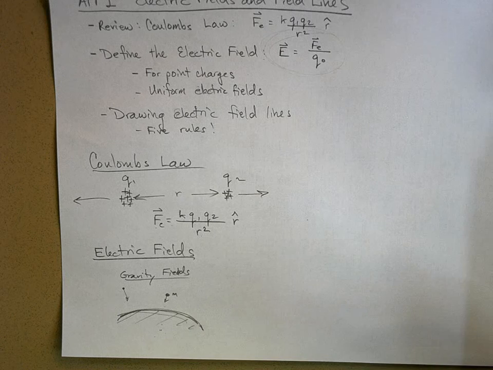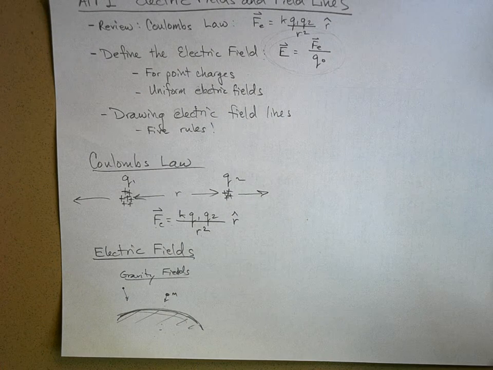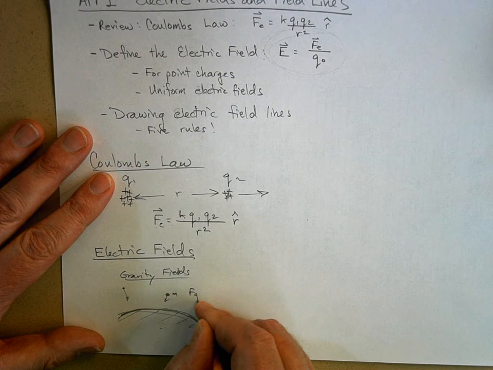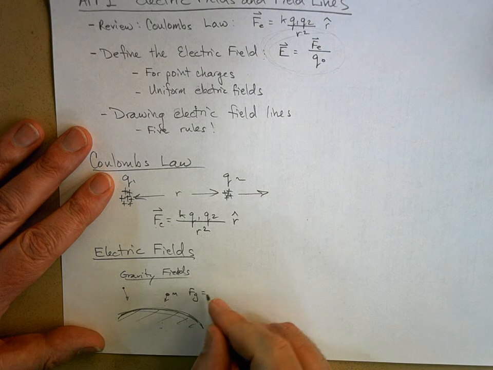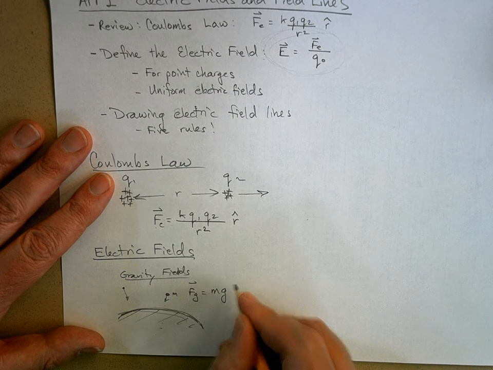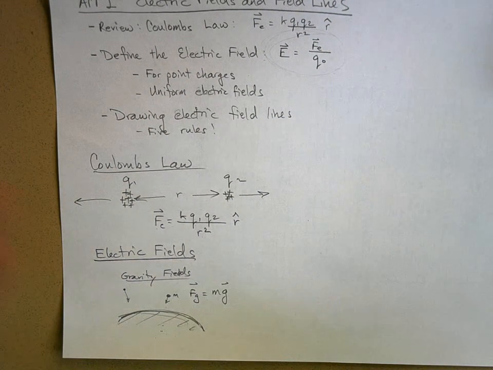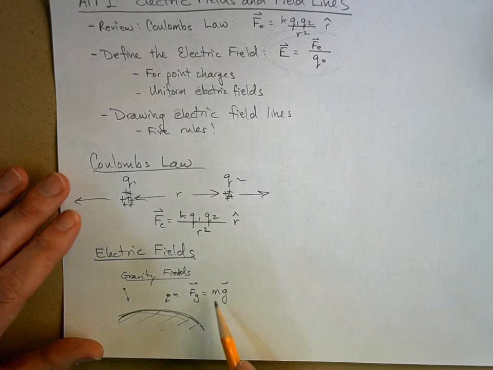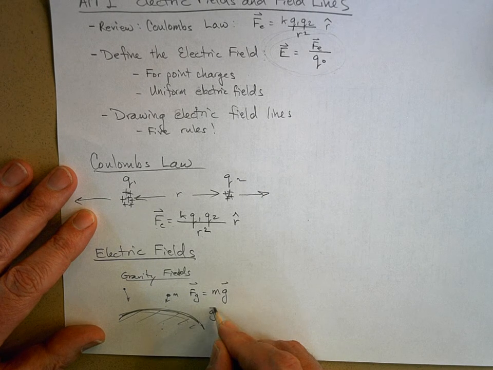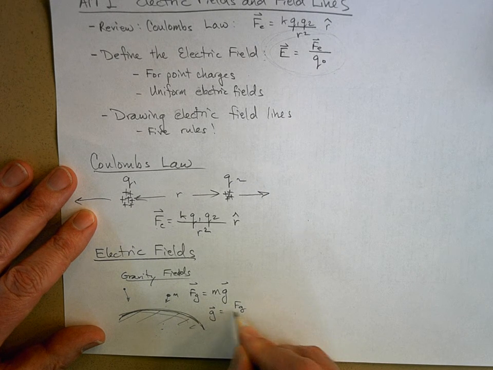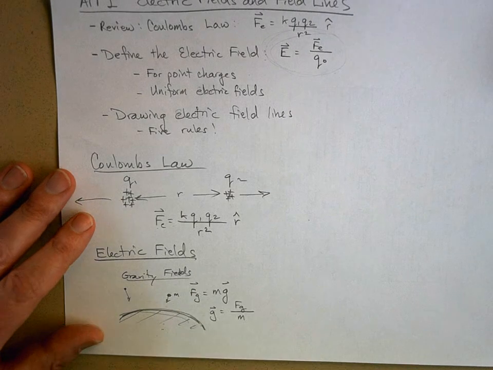And of course, we have an equation for the force of the gravity field. The force of gravity equals m times g. And then we can, of course, use Newton's law of gravity. But what if I say g equals the force of gravity per unit mass?